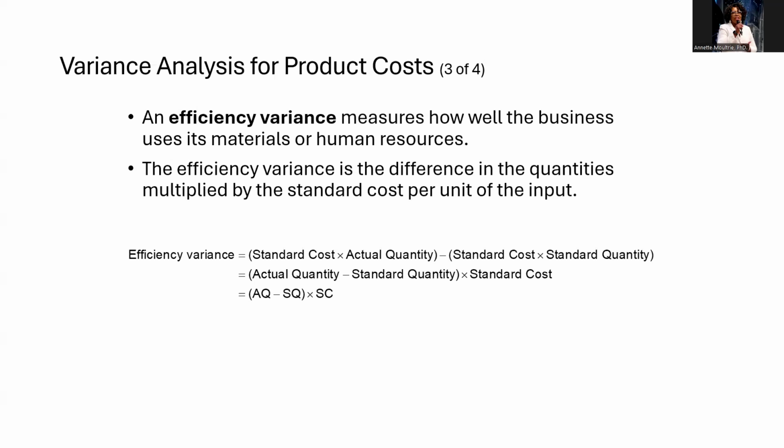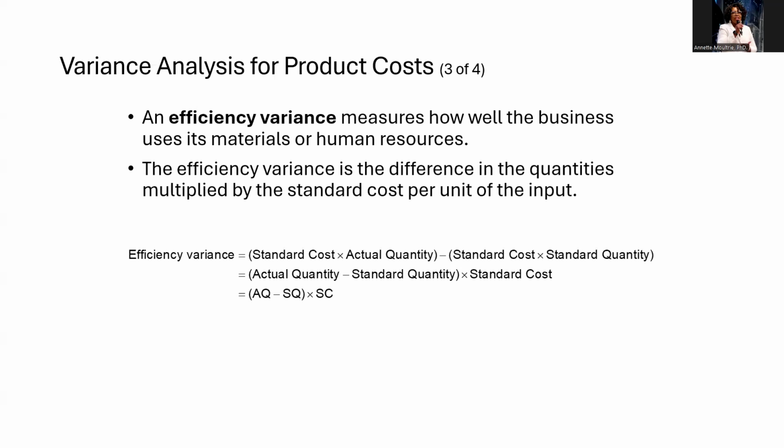So the efficiency variance measures how well the business uses its material or human resources. It's very important for companies to have this in place to make sure that their company is operating with efficiency.